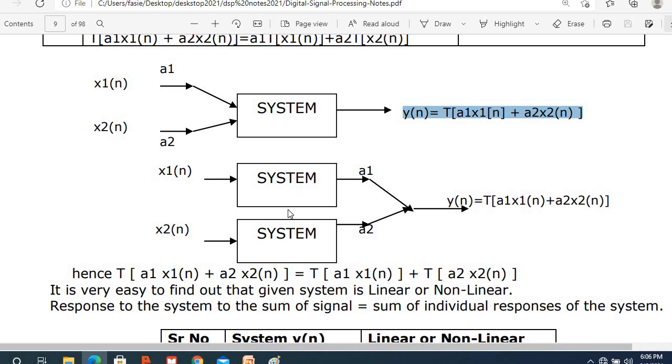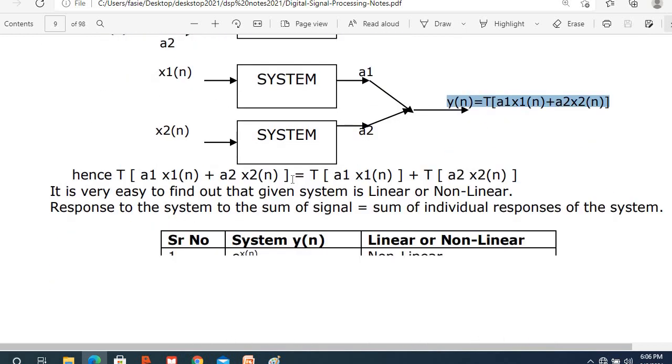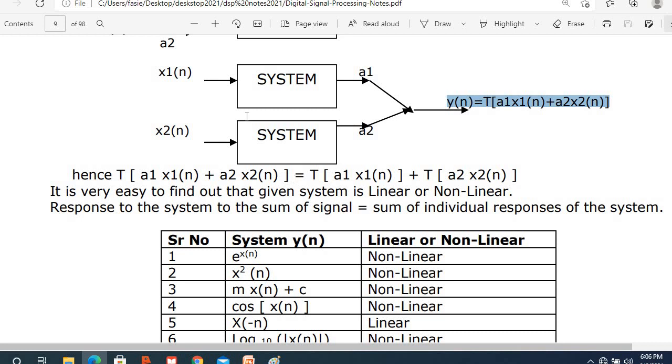Clear? Similarly, I can have it like this also. If x1 of n goes through the first system and x2 of n through another system, and we multiply with these factors and combine, and we get the same y of n, then as you can see, the outputs are not changing; only the combination of inputs is changing. Whenever this happens, the system is said to be linear.